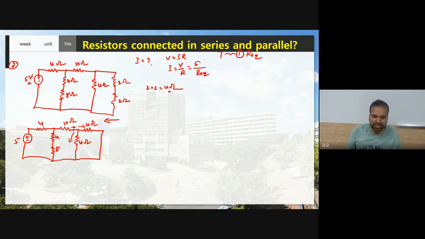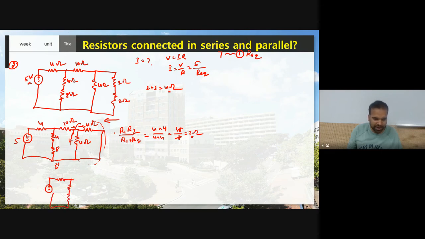If two resistors are connected in parallel, the formula is R1 R2 by R1 plus R2. Let us assume R1 equal to 4 and R2 equal to 4. Therefore, 4 into 4 by 4 plus 4, which is 16 by 8, so it is 2 ohm. Now instead of these two resistors, can I replace a single resistor with the value of 2 ohm? Yes, I can. Now once again redraw the circuit, and this is our voltage source.